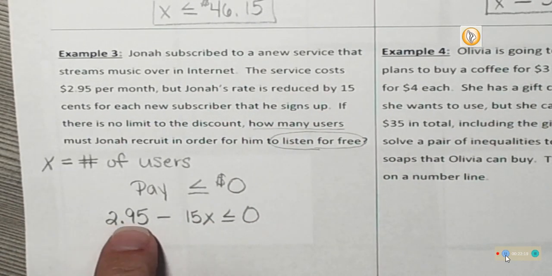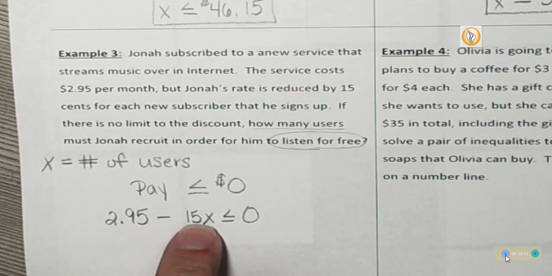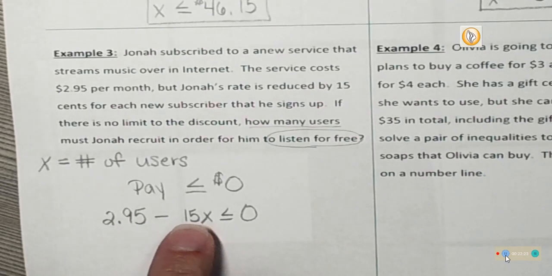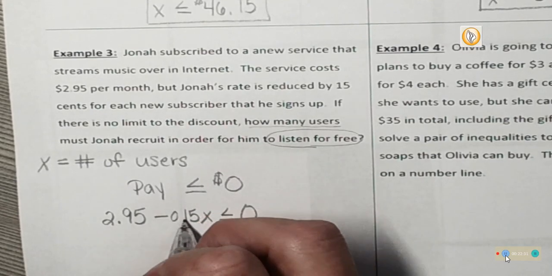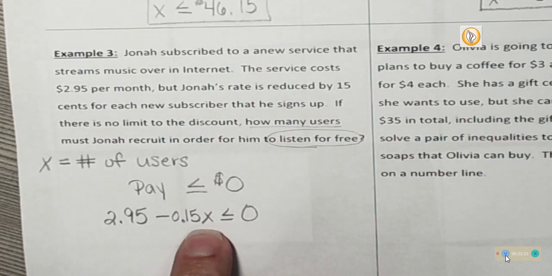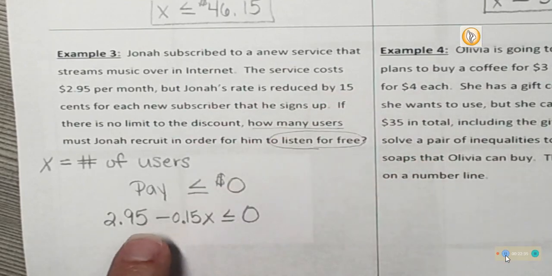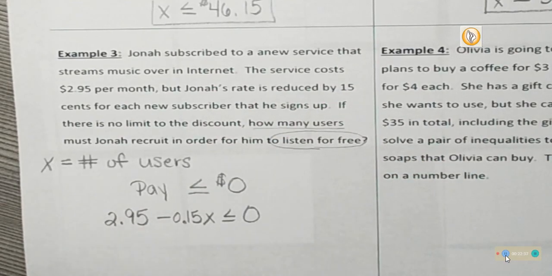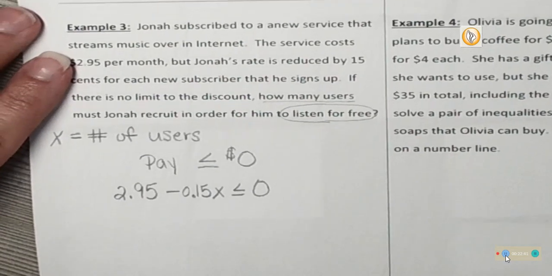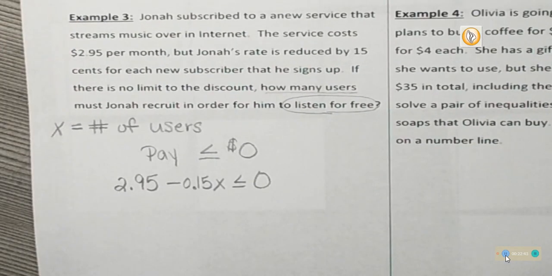This is $2.95. If you don't put the decimal, what are you telling me this is? $15. If that's the case, all you need is one person to sign up, right? But it's not. It's 0.15. You have to make sure that 15 cents matches the format of any other money. Now you've got your inequality.